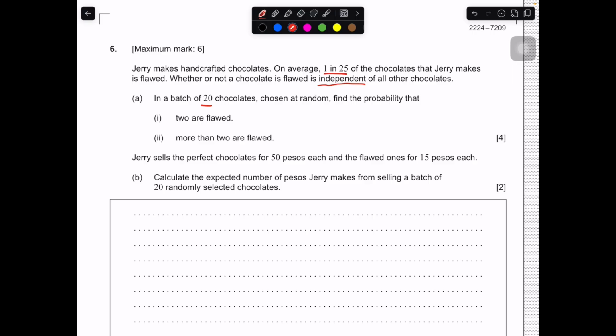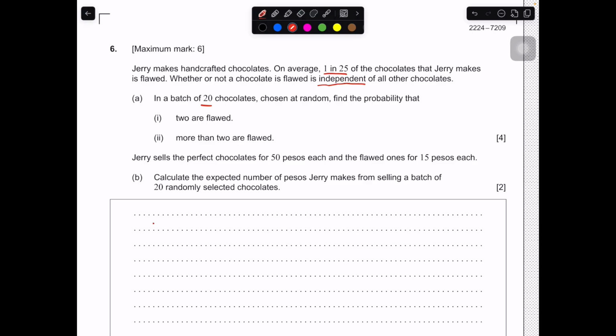So 1 in 25 are flawed, we have 20 trials, and it can either be flawed or not flawed, so we have this binary situation as well. In this case, this is a binomial distribution, 20 trials, and a consistent probability across trials.